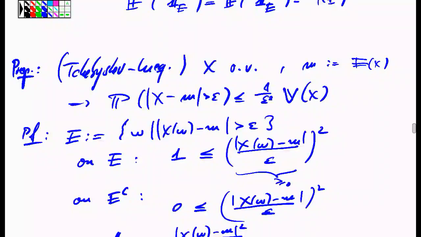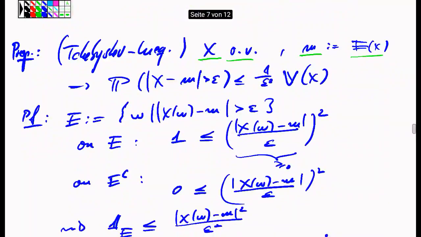So the statement is as follows: let x be a real valued random variable, and let m denote its mean. Then we can ask for the probability that the actual observed output of the random variable differs from its mean by more than epsilon, where epsilon is an arbitrary positive number. And the statement is that this probability is bounded from above by the ratio of the variance of x and epsilon squared.